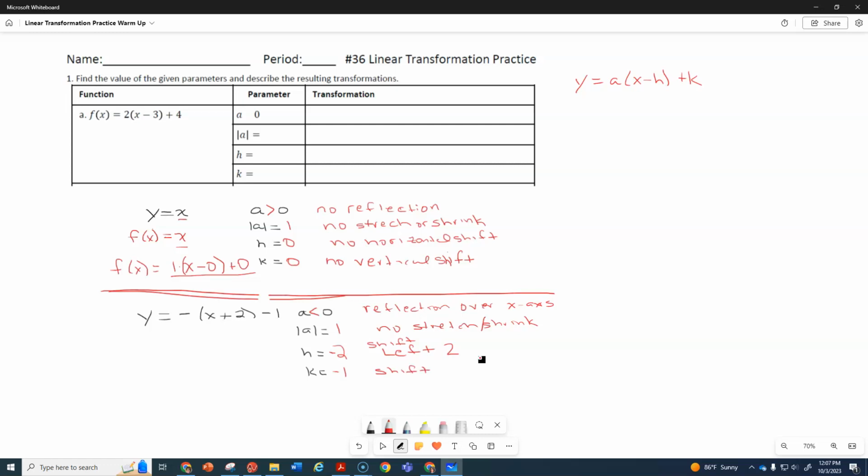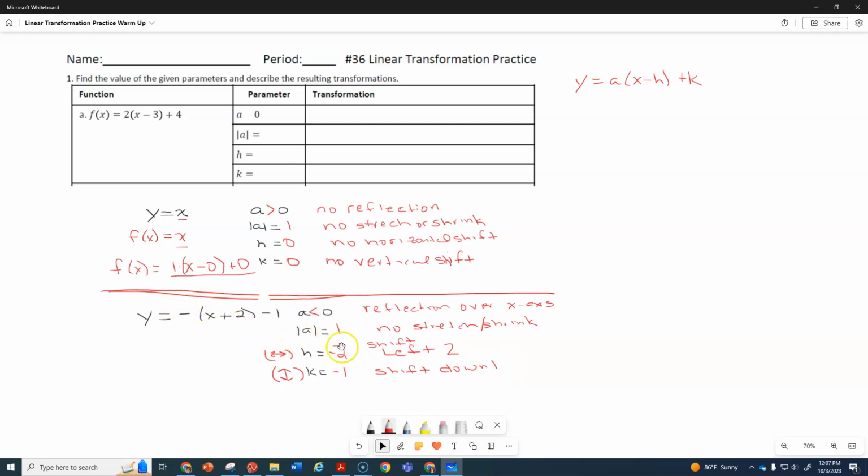You can use the word translate. We translate down 1. Remember, h is horizontal, so you're either going to go left or right. K is vertical, so you're either going to go up or down. Okay, and you let the signs tell you which one. So that would be the description of the parameters.